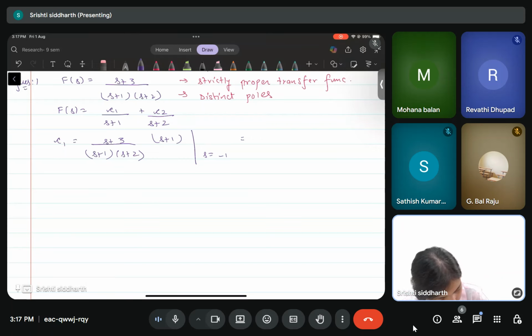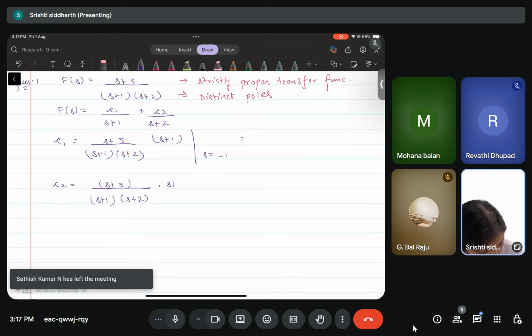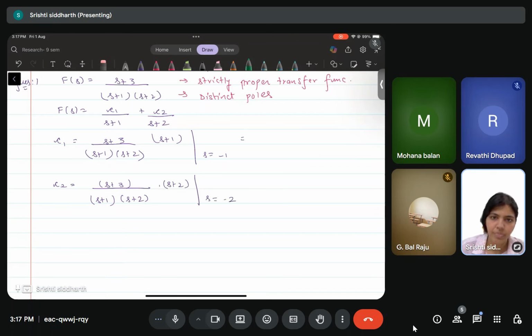I'll write down the expression for C2: multiplied by (s plus 2), evaluated at s equals minus 2. You can see this cancels out, this cancels out.